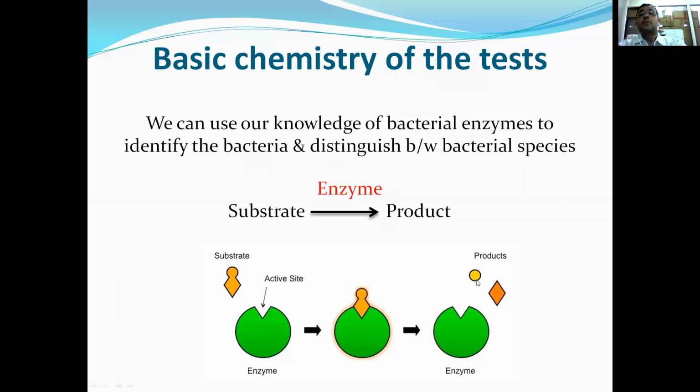This product might be anything, and it is ultimately visualized using some indicator. If the indicator shows that the product is formed after addition of the substrate, then indirectly we can say that the particular enzyme is present in this sample. If the enzyme is present, we can say that it is indicative of this genus of bacteria, and that the isolate might be of this particular genus. So the basic chemistry is based on the substrate-enzyme reaction.